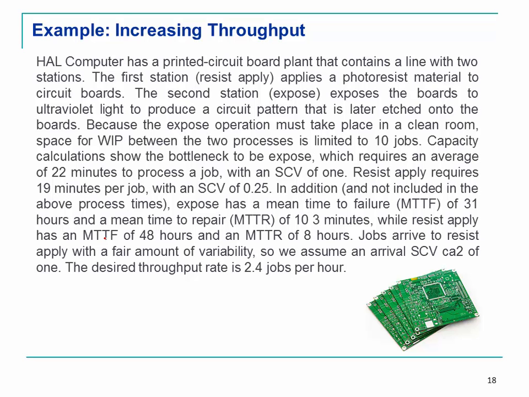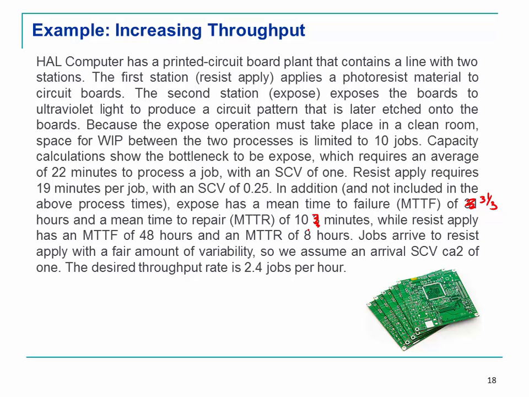In addition, and not included in the above process time, expose has a mean time to failure of 31 hours and a mean time to repair of, I think these numbers are a little bit off, so let me make a correction here. The mean time to failure is 3 1/3 hours, and the mean time to repair is 10 minutes.